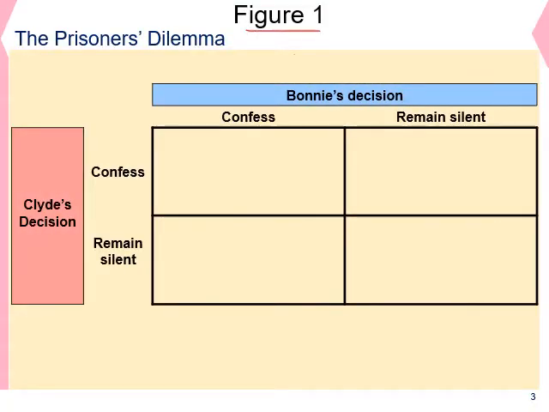Figure 1 deals with the prisoner's dilemma. Two prisoners, Bonnie and Clyde, have to make a decision either to confess or to remain silent.